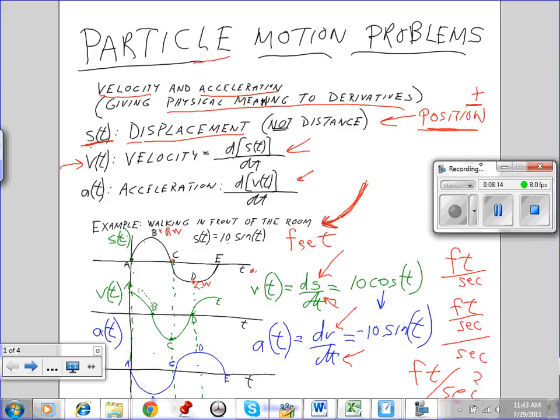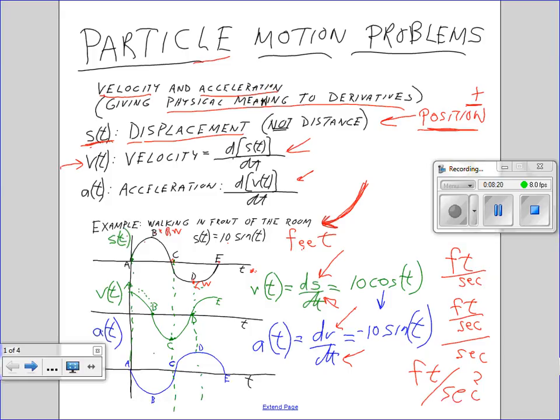Okay, so here we have a simple example of modeling walking. Notice the position function, the velocity function is the derivative, and the acceleration function. And I'm going to ask you a few questions so you'll be able to work some motion problems.